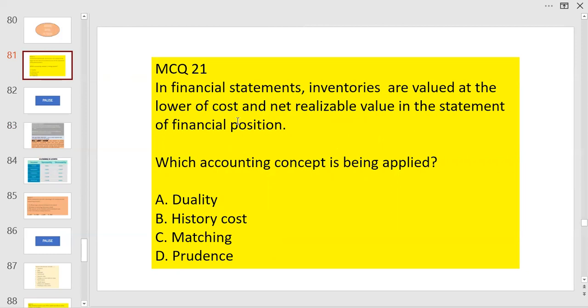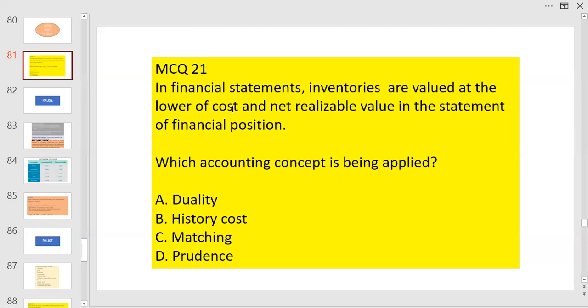Now here, if you see the cost, say for example, a cost of a product is 100. That is the historical cost, real cost of the product. But then the market has gone down and you foresee this item can be sold only for 75. That is the realizable value. So if it is going to be 75, it means the cost that you are holding has lost 25 per unit.